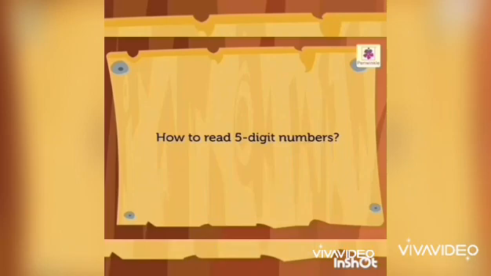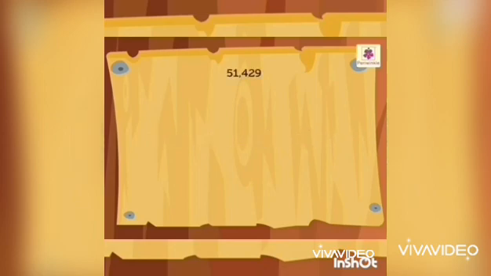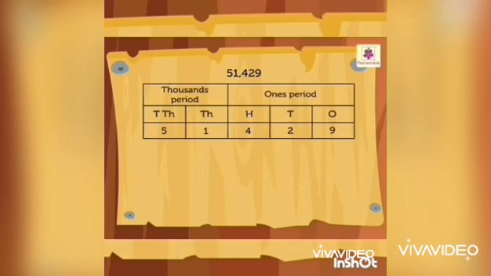Now let me teach you how to read a 5-digit number using the place value chart. Let us read the given number. There are 3 steps in reading a number. In step 1, let us see how many thousands there are. Yes, there are 51 thousands.